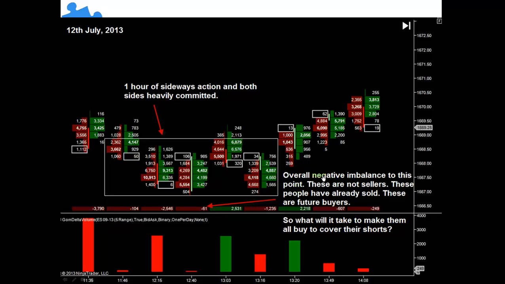But as we move up, we don't see that sort of one-sided action, where if it were stops, we would see size on the buy side and very little size on the sell side. And we don't see that. The reason is that as we came down, people have had the chance to exit those positions. People have had the chance to get out of their short positions in this sideways range. So you don't get the same kind of pop that you do when you move up and straight down through stops.